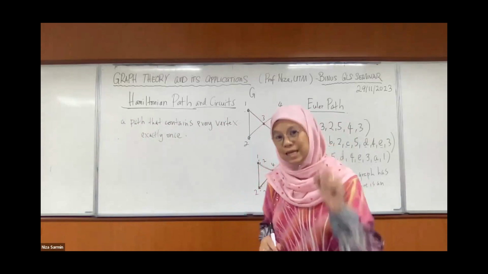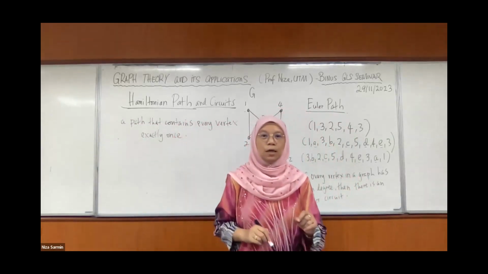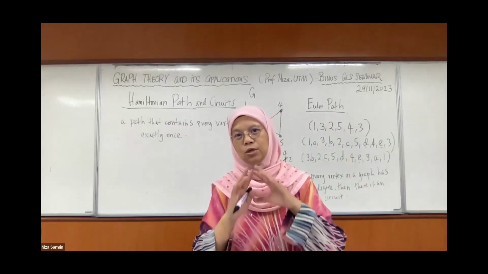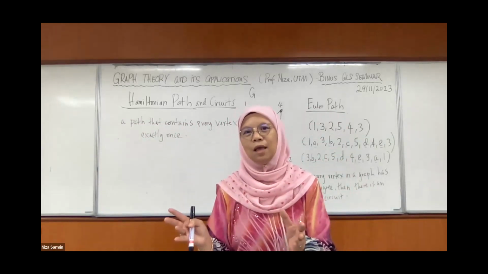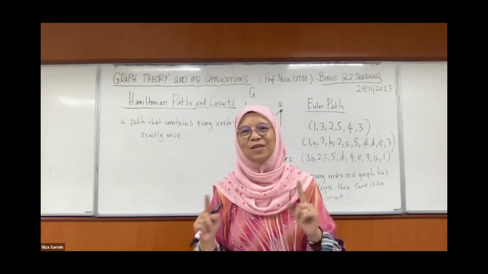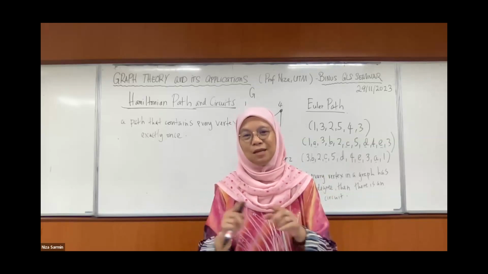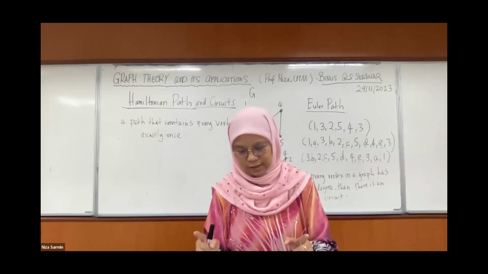So for the circuit, you start and end at the same vertex, right? So the first and the last one is the one that appears twice because it's a circuit, but the rest appear just once.